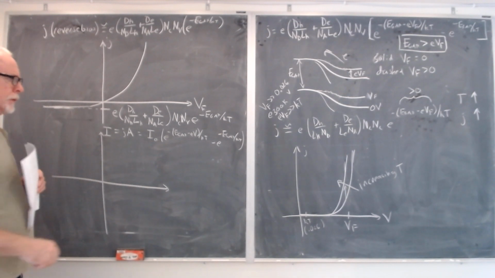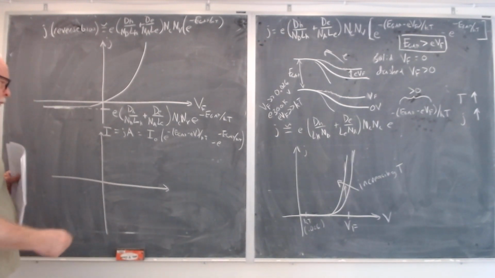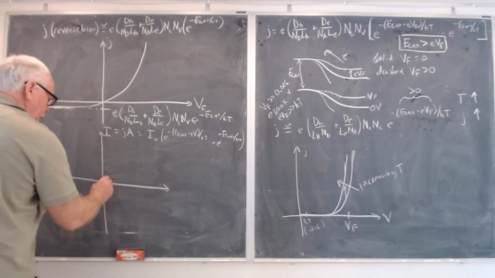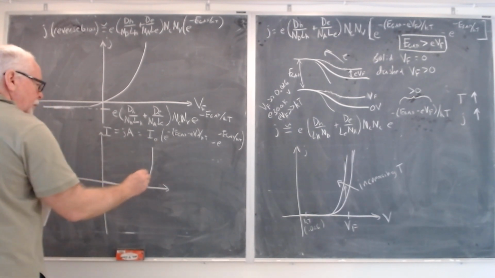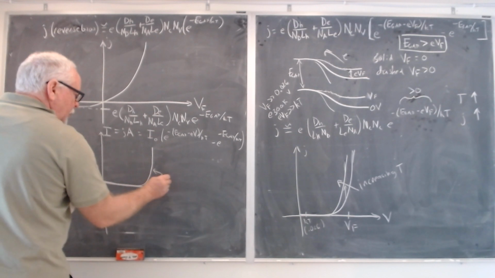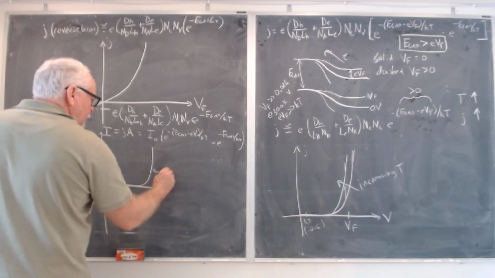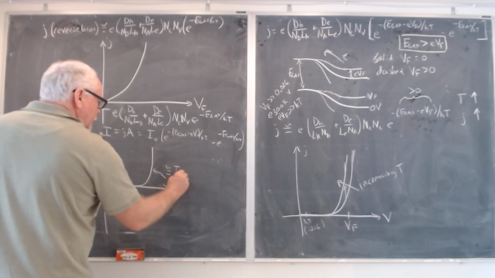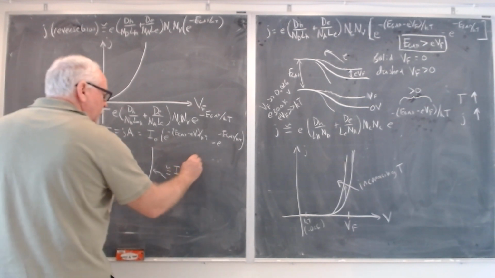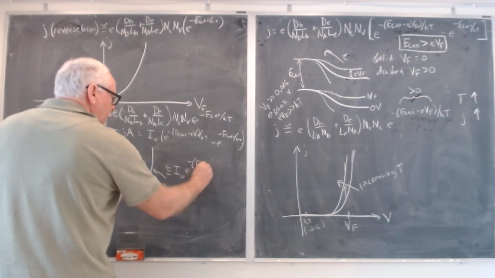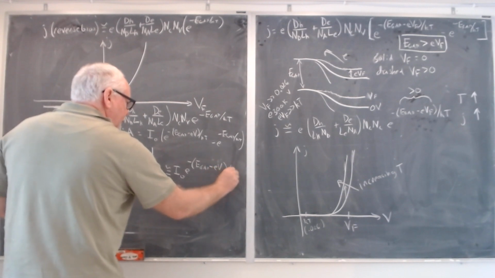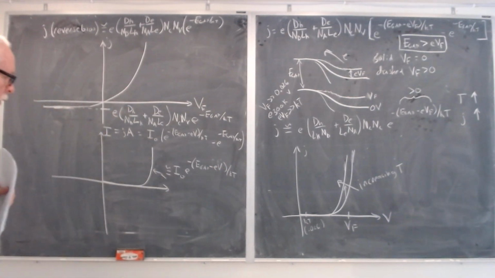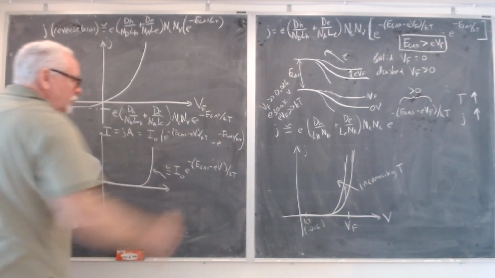I don't think I used A anywhere else. And the point is that if you move far enough away, it's approximately equal to I naught e to the minus E gap minus eV over kT, because we can ignore that part there.